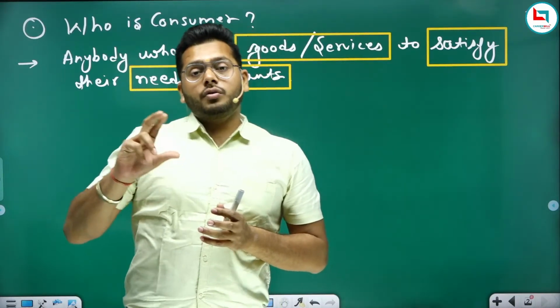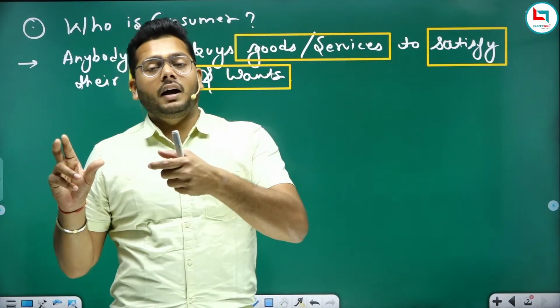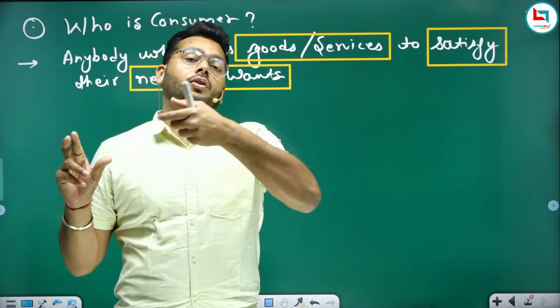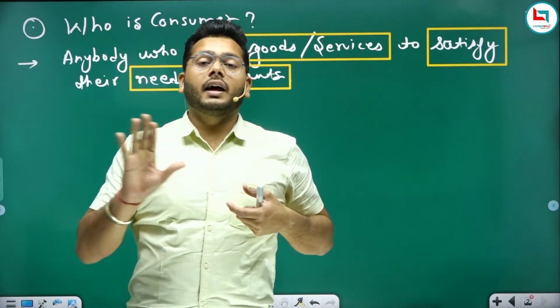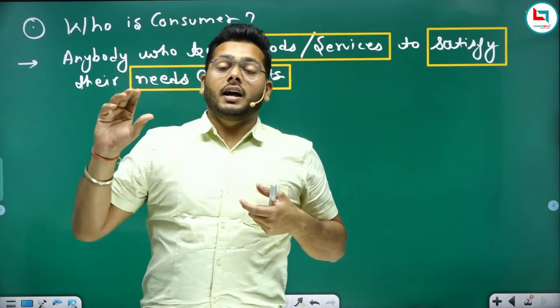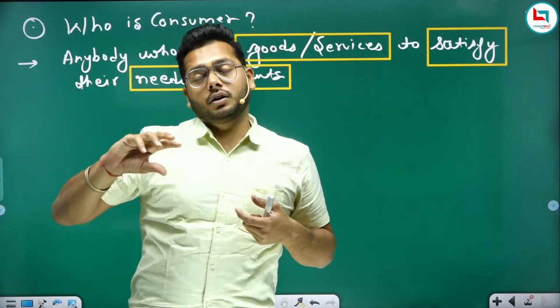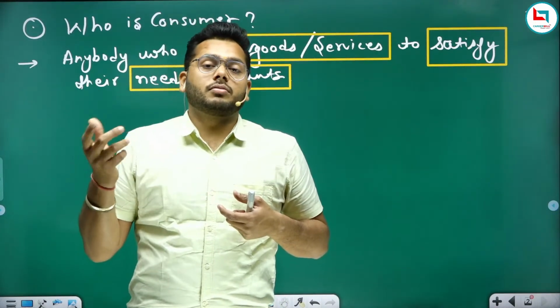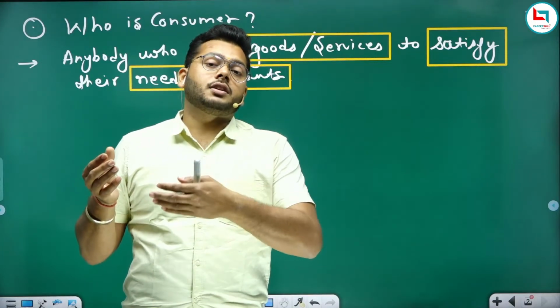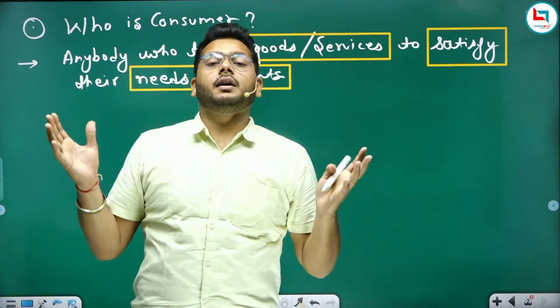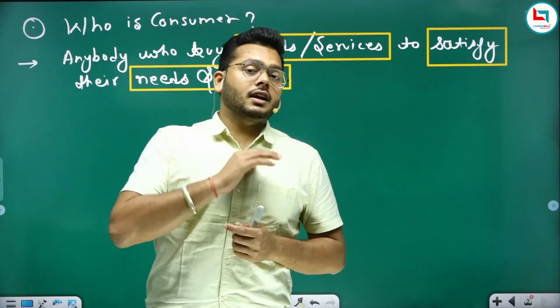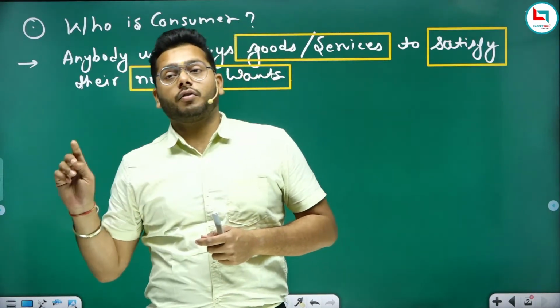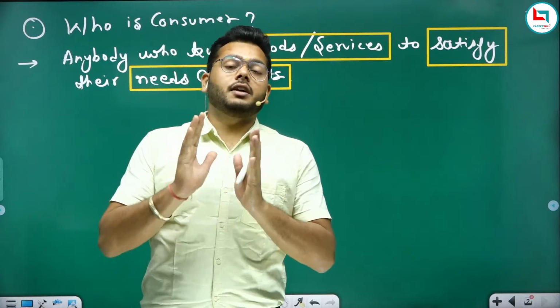If you have spent the amount but after spending you are not very satisfied, it means you are not happy to have spent this money. If after the expenditure you are feeling very happy, very much satisfied, then we can say that after this spending you are a satisfied person.